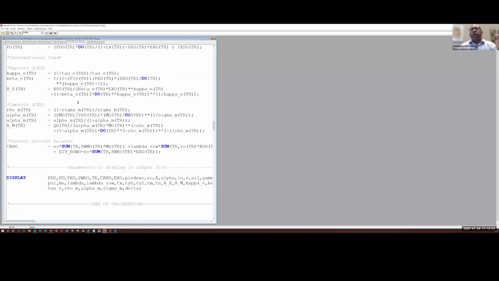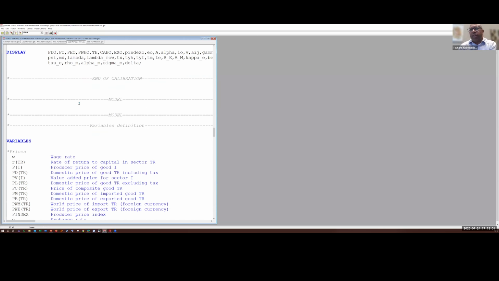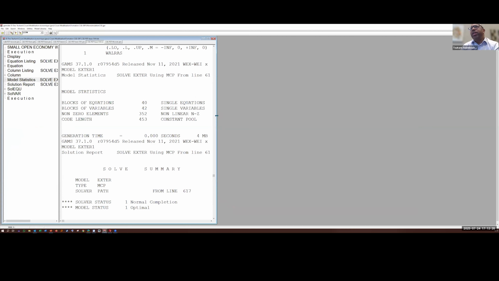And there is no shock. Just to give you an example, here this is exactly the same. There is no simulation, but we can add the simulation. And here I execute the aggregated model. Like before, I hope we have the solution of the model.